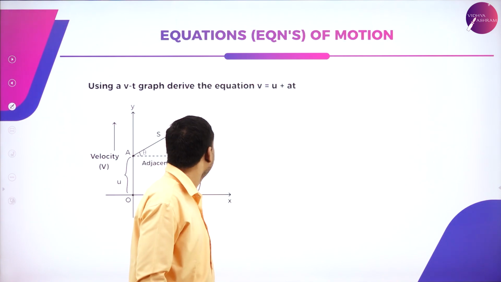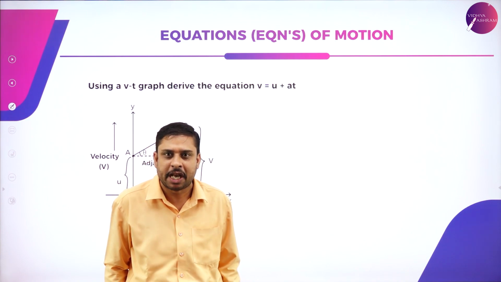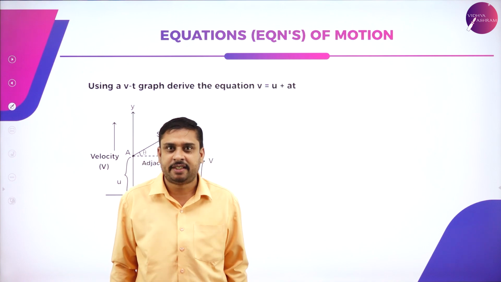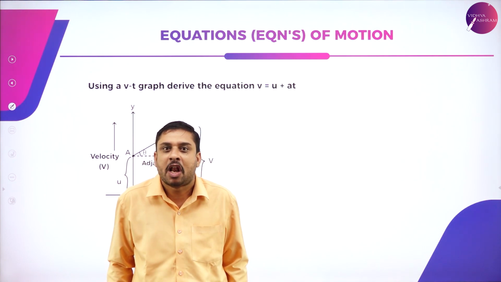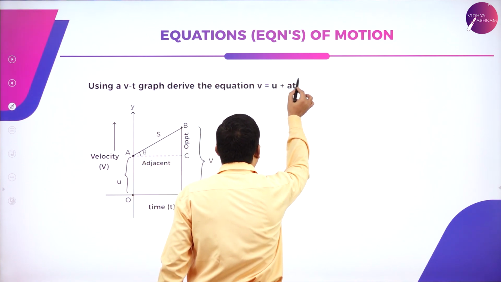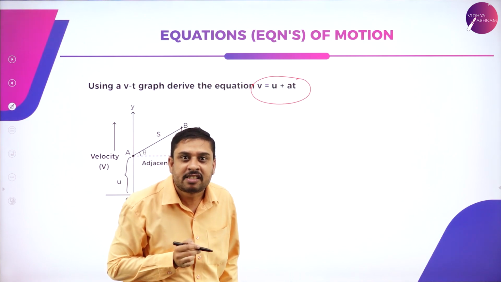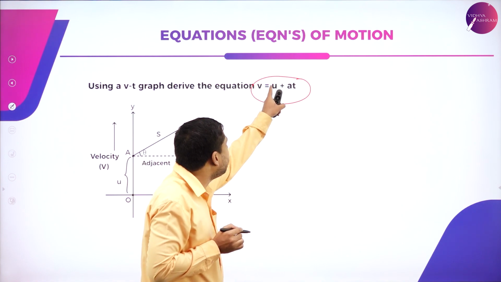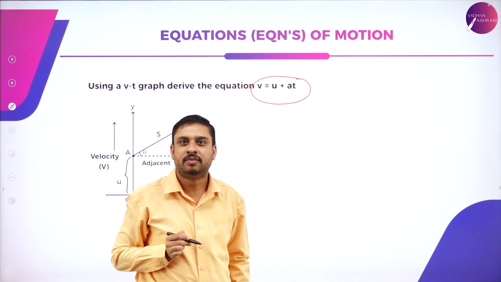Now, this is a very, very important derivation. Now, by the graphical method, that is, using the velocity time graph, I have to derive the first equation of motion, V equals U plus AT.